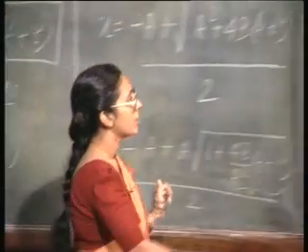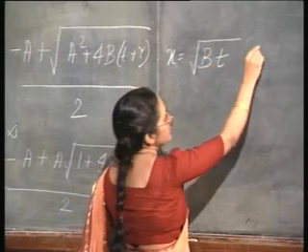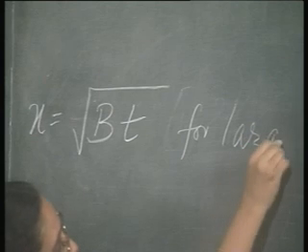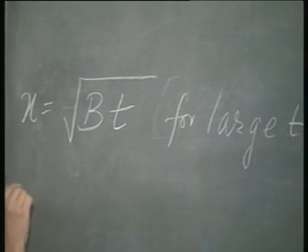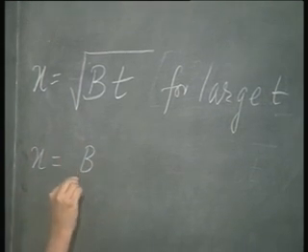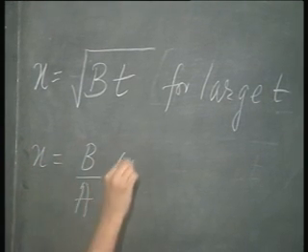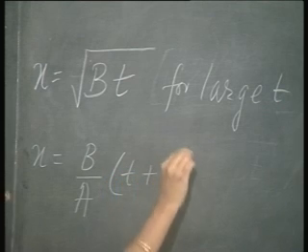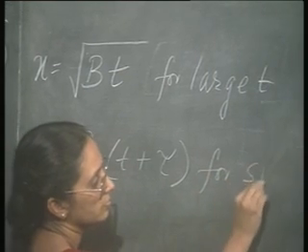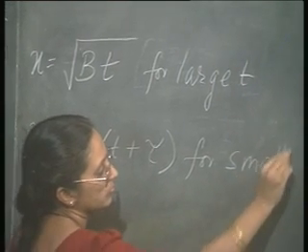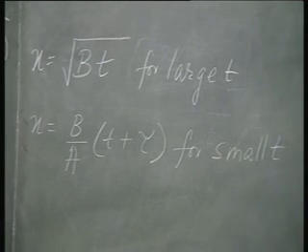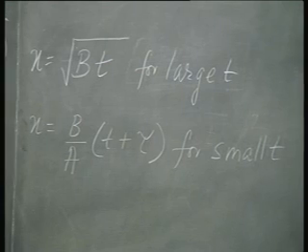So, you see x is square root of Bt, this is for large t, and x is equal to (B/A) t for small t.